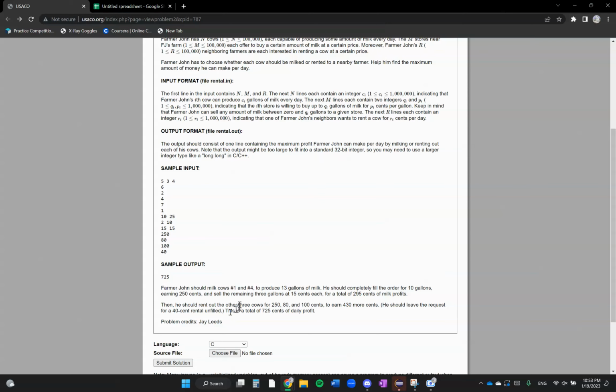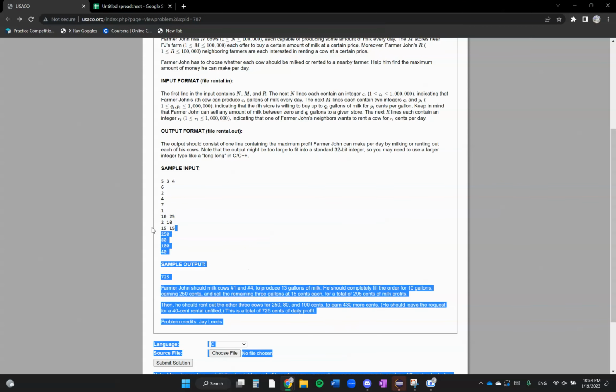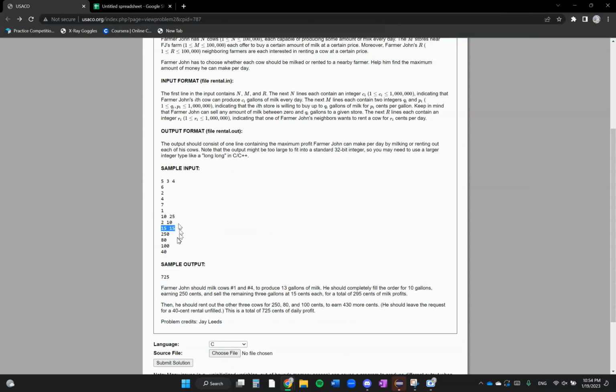So let's see here. If Farmer John milks cows number 1 and 4, so that's 13, and that produces 13 gallons of milk, he should completely fill the order for 10 gallons, which is this one, and 10 times 25 is 250, and he can sell the remaining 3 gallons, since 13 minus 10 is 3, at 15 cents each at this store, since this store is willing to buy it at a higher price than this store.